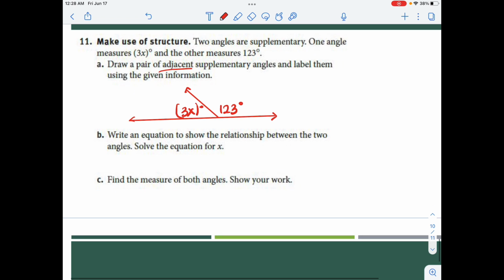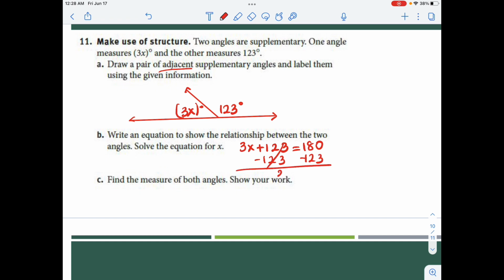Next, it says write an equation to show the relationship between the two angles. Solve the equation for x. So the equation should be, when you add them, the sum should be 180 degrees. Okay, let's subtract 123 from both sides. Solve it like a regular two-step equation.